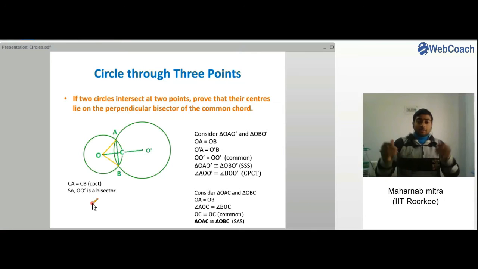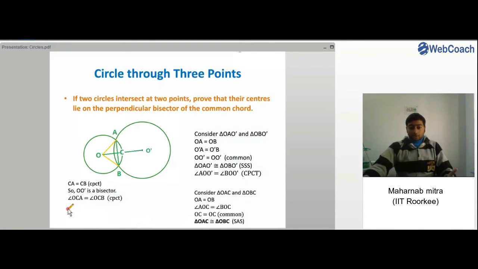Now we need to prove one more criteria, that is, both the lines are perpendicular to each other. So let us see how we can prove this. Angle OCA equals OCB. Angle OCA, which is this angle, is equal to angle OCB, which is this angle. These two angles are also equal because they can exactly overlap onto each other.